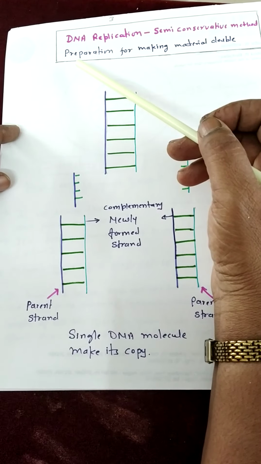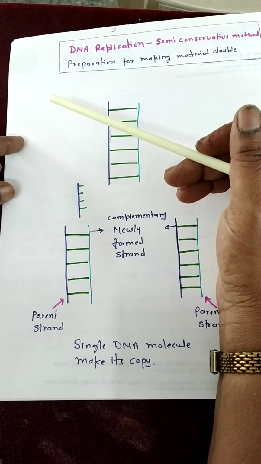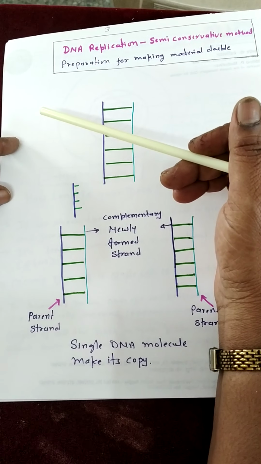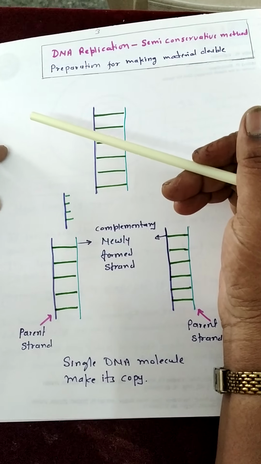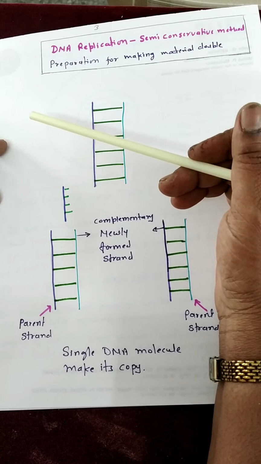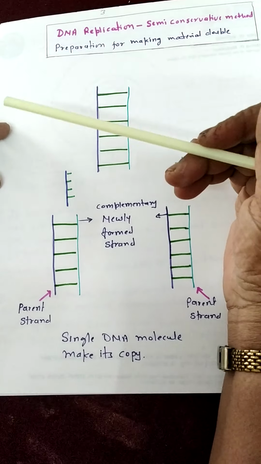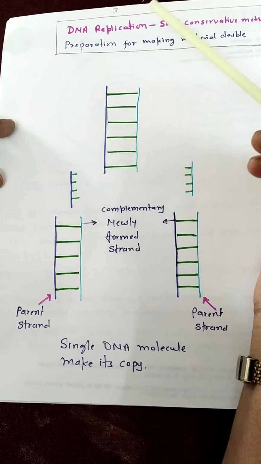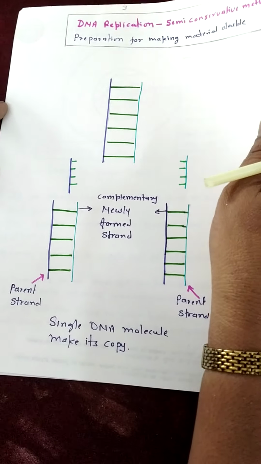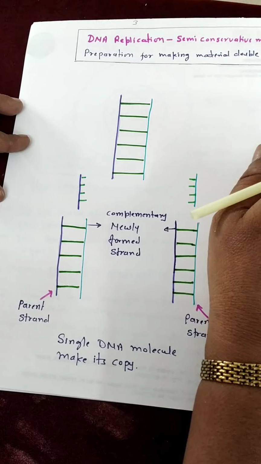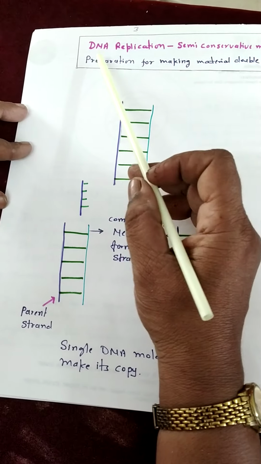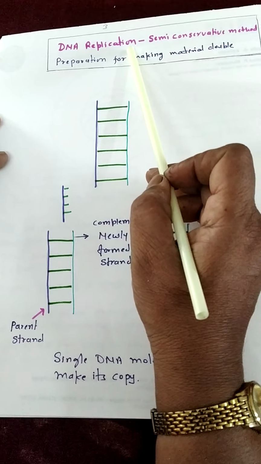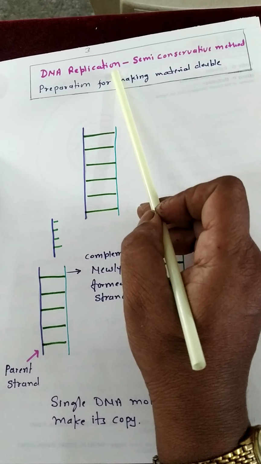Just like that, when a cell has to divide, it has to share its material with another cell. So to get the material doubled, the cell starts its preparation. And what is its preparation for doubling the material? DNA replication.